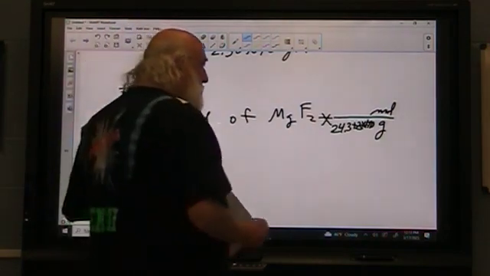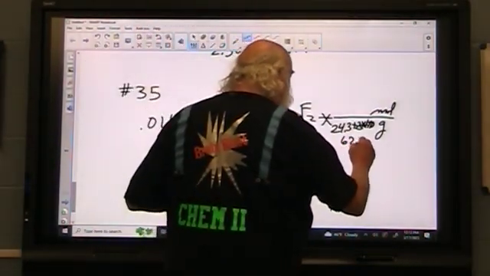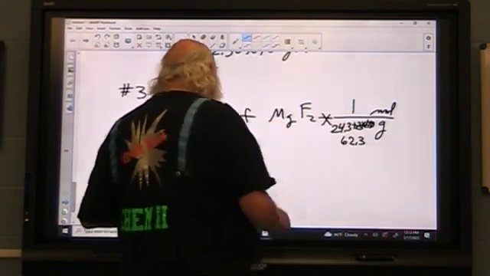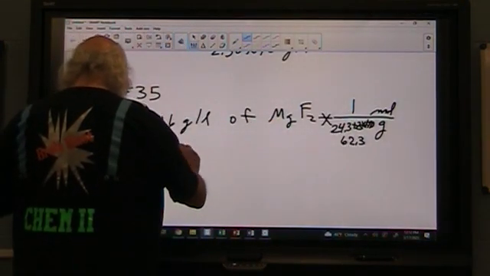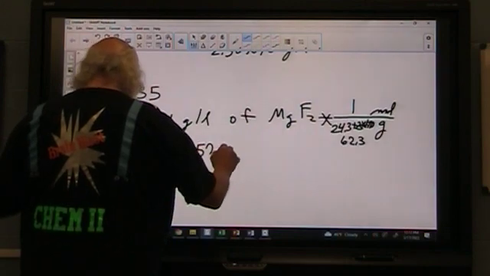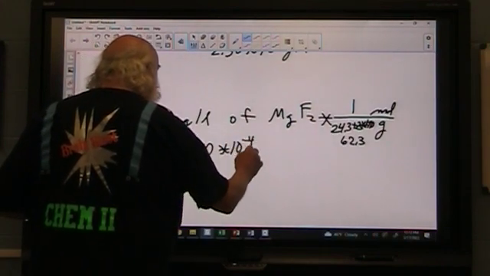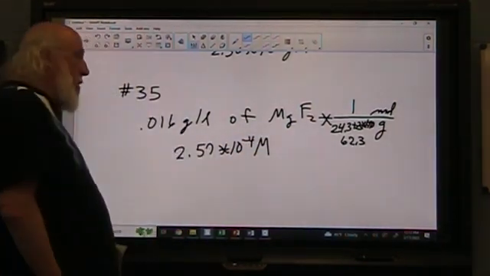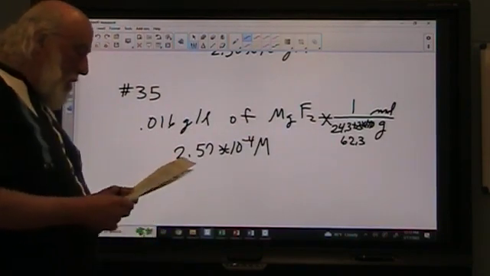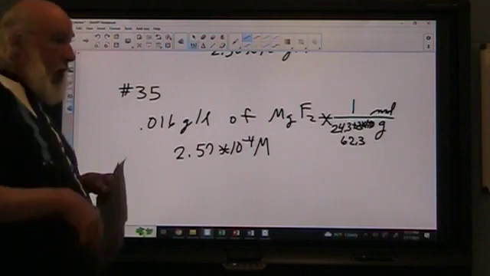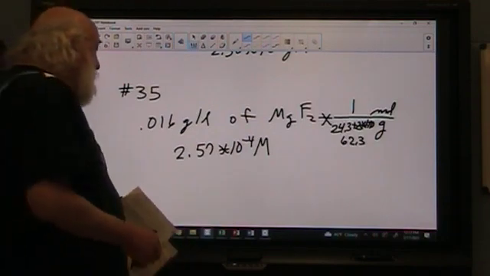So 38, that's 62.3 grams per 1 mole. And that's going to give you 2.57 times 10 to the negative 4 moles per liter. I'll put that back in capital M, because you will have to show your labels of your setups as well. So that's how these problems are done.